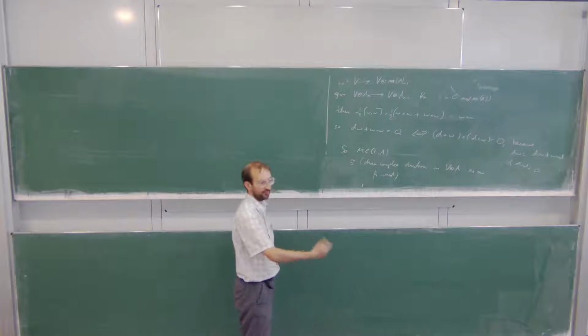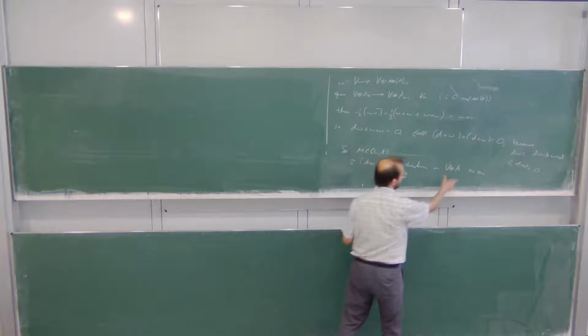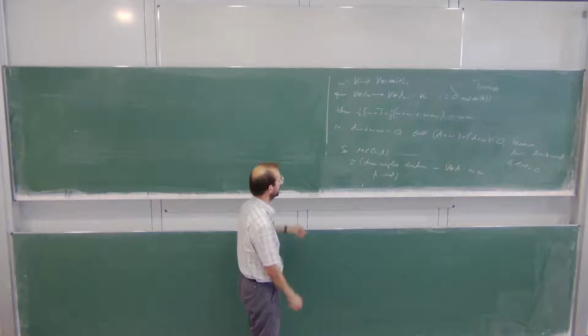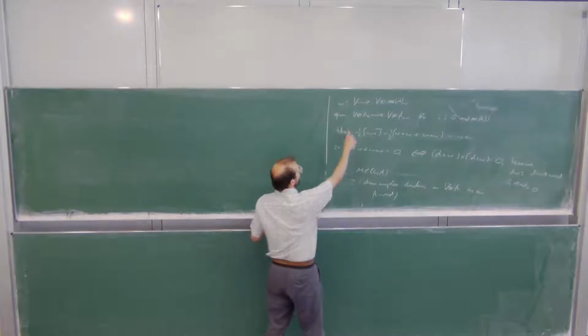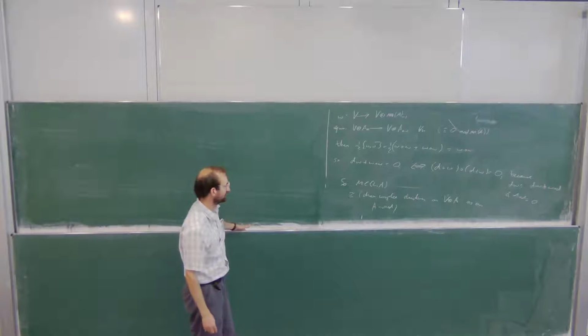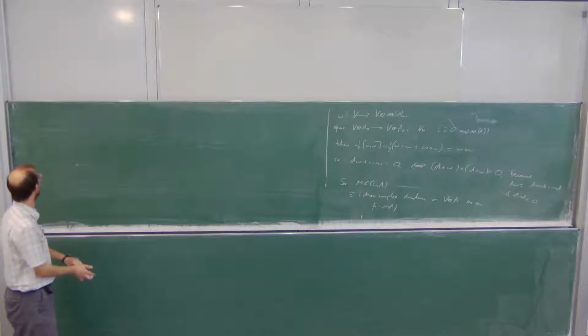So if D is 0 on V, then yes, that would completely determine the structure of this as an A module. But the point is, once we've got D plus omega, it's not 0 on V. So that's how we're getting non-trivial things there.